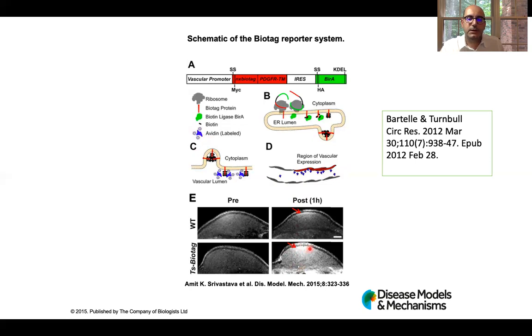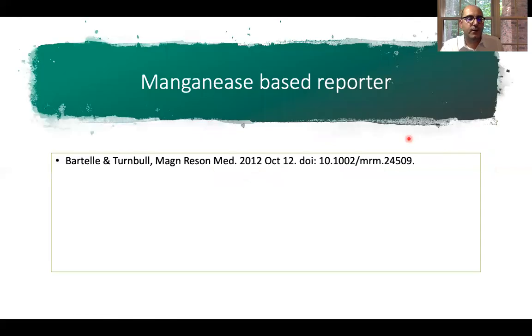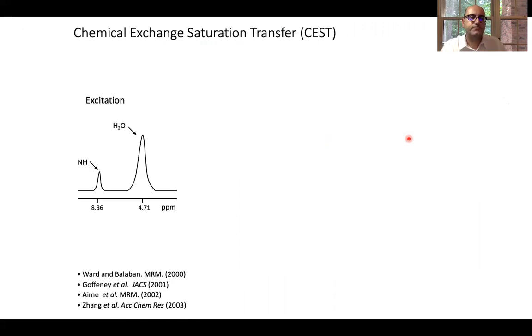So that's actually a very nice system, very elegant. And if you have time, you can read this paper. Noteworthy is another paper from Ben Bartel and Dan Turnbull about a manganese-based reporter, which we don't have time to discuss.